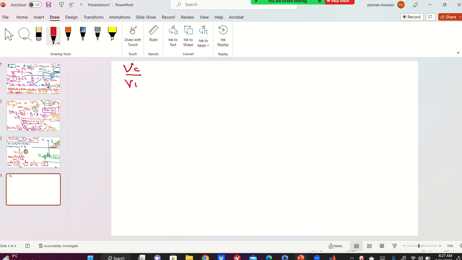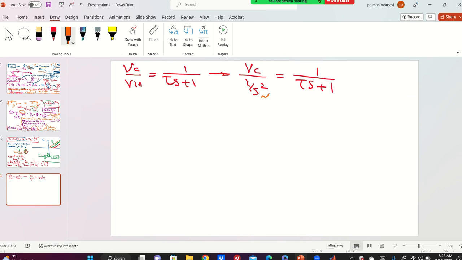Vc over Vin is 1 over tau s plus 1. But your input to the system is a ramp, and you can write this ramp as 1 over s times 1 over s.